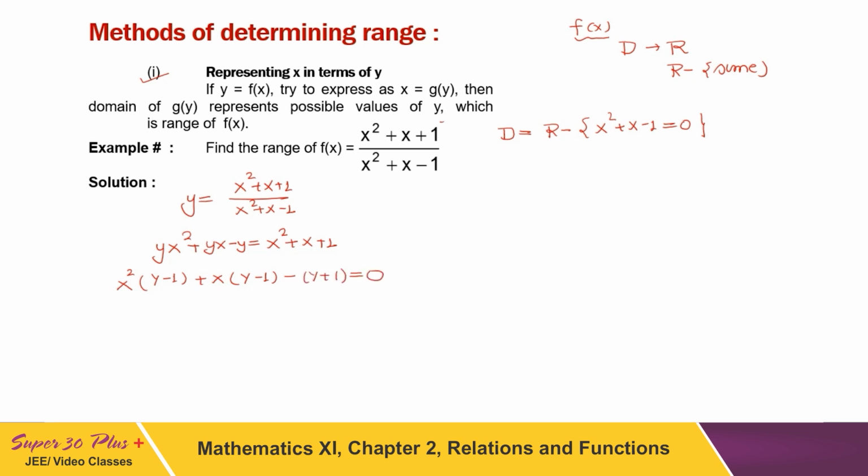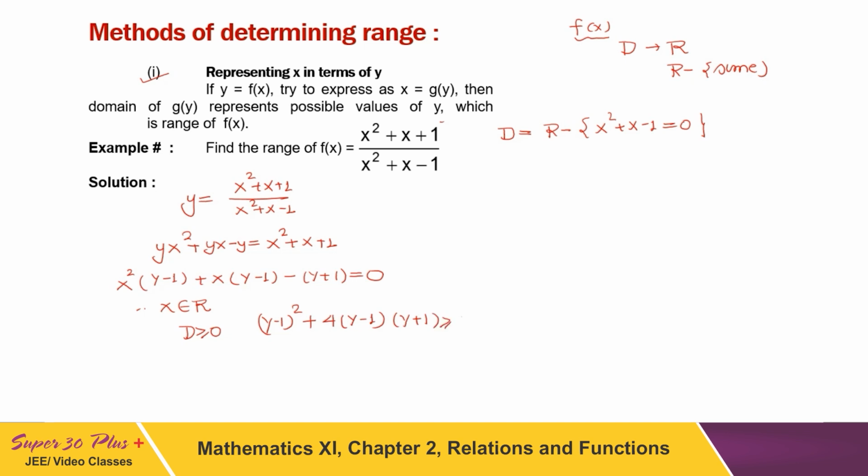Now it is a quadratic equation of x. As we know, x is a real number, or you can say real numbers minus some points, meaning the roots of this quadratic equation are real, meaning D is greater than or equal to 0. What is D? It is b square minus 4ac, minus 4a into c.